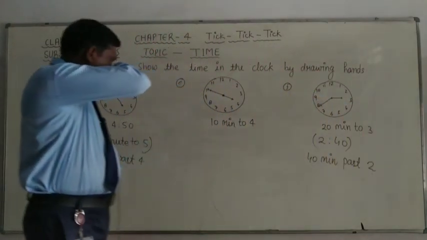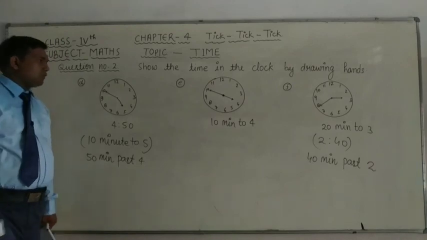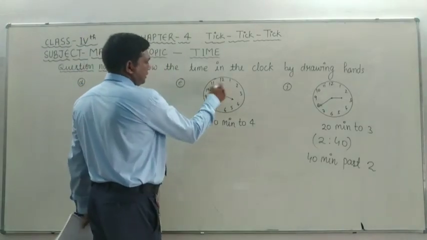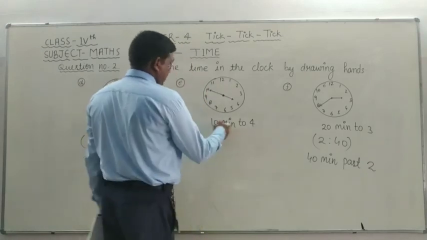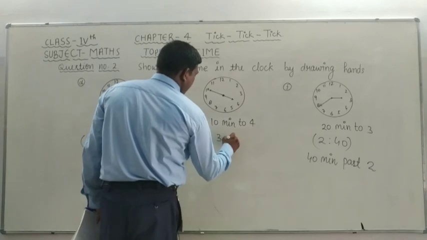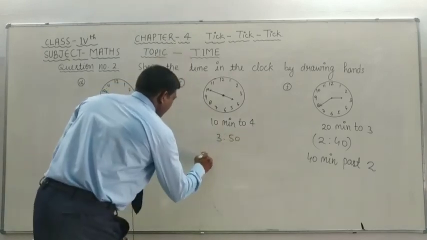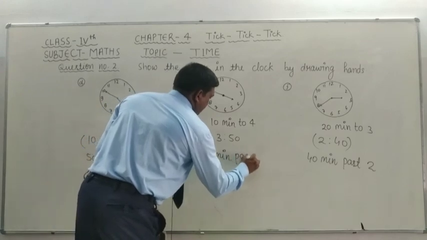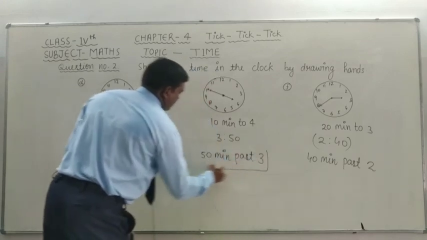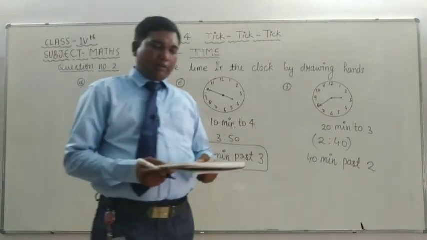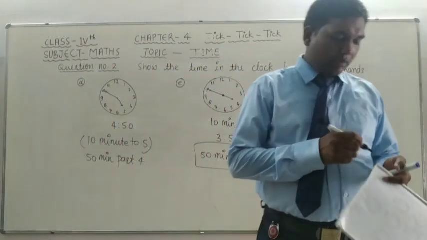Okay, 40 minutes past 2. Understand, dear students? And this 10 minutes to 4 can be written as 3:50 or 50 minutes past 3. Okay. Similarly, you can solve all given questions.